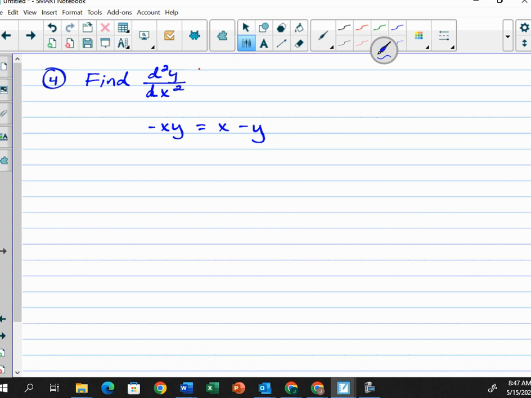This one will take us a bit. Okay. Are we ready? The second derivative is just the derivative of the first derivative.